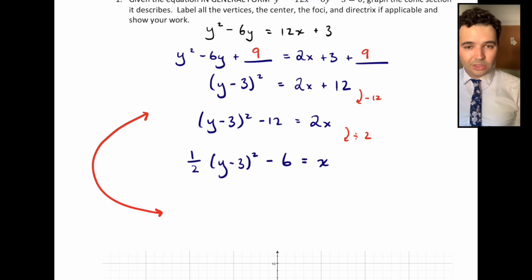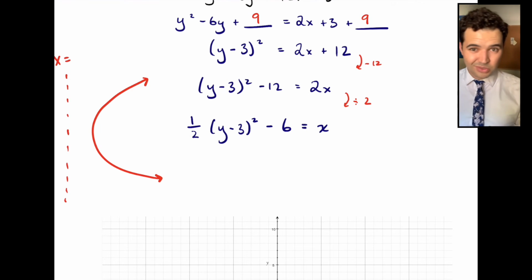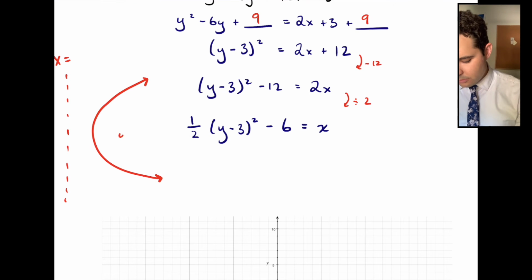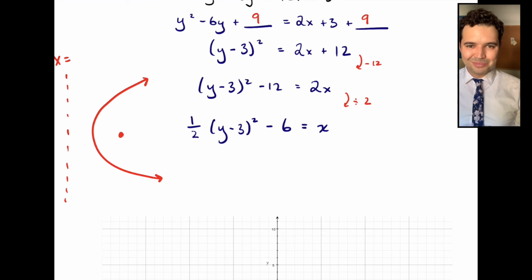So now that we know what it looks like, we also know that the directrix for this curve will be to its left, and it will be vertical, so this will be an x is equal to something line, and also that the focus is to the right of this curve because it's inside the parabola.